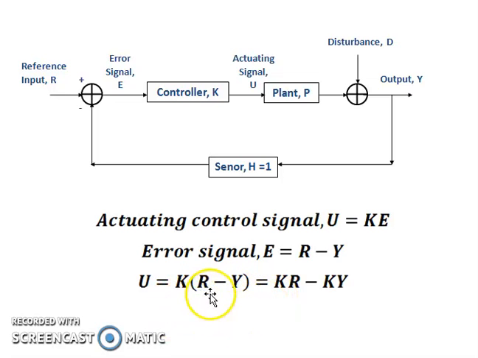We multiply K by R and K by Y, so that we have U equals KR minus KY.